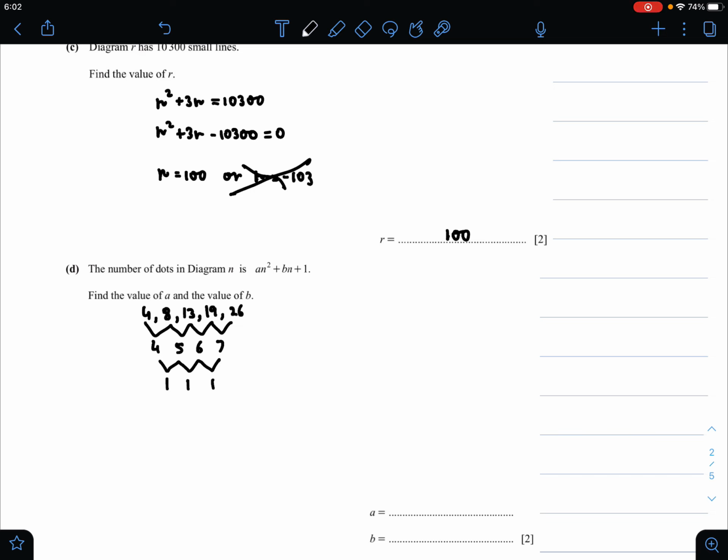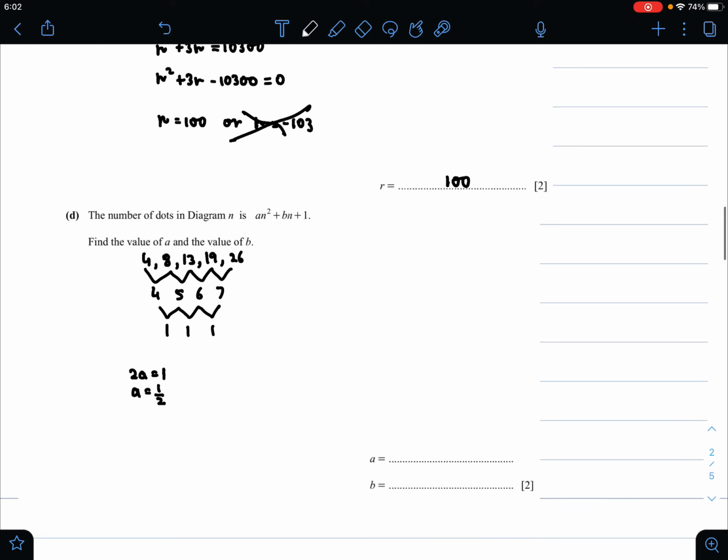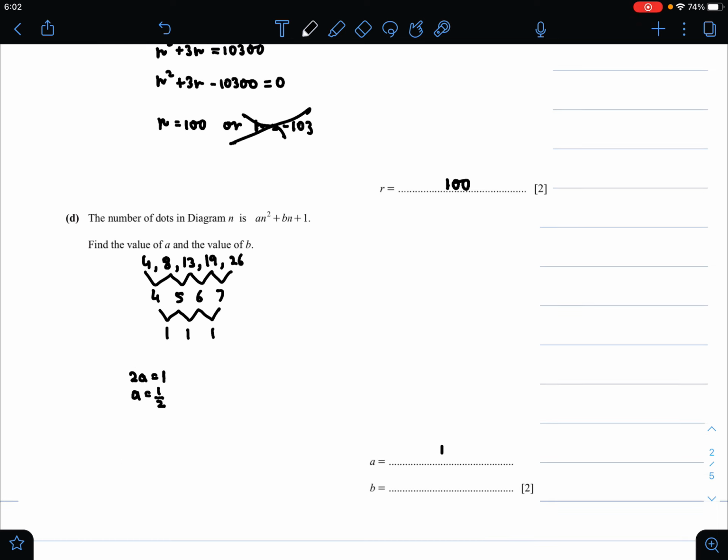Now since you found the difference in the second go, this would also be a quadratic sequence. So since the formula to find a is 2a is equal to the common difference, your a value would be half. So you already found the a value, you can write that as your final answer, that is a is equal to half. And to find your b value, you use the formula 3a plus b is equal to the first term of the first difference that you found.